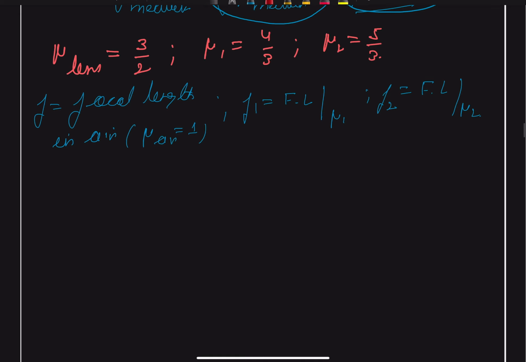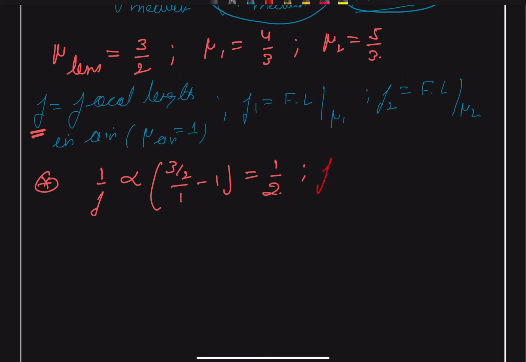So we can write that 1 upon f is proportional to 3 by 2 divided by air, which is 1, minus 1, and this gives us 1 by 2.